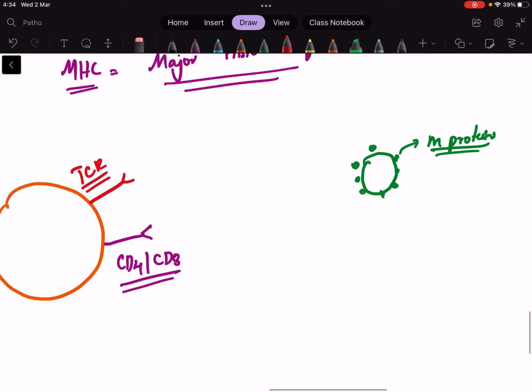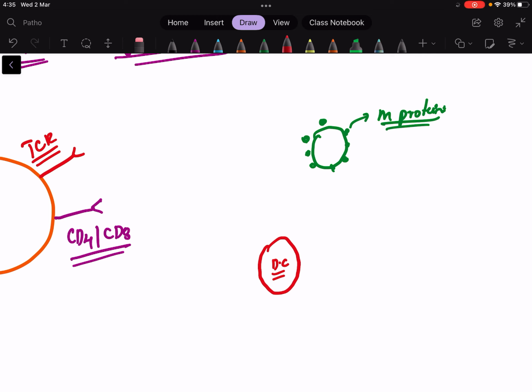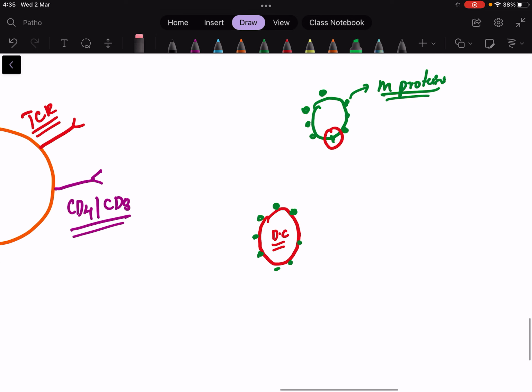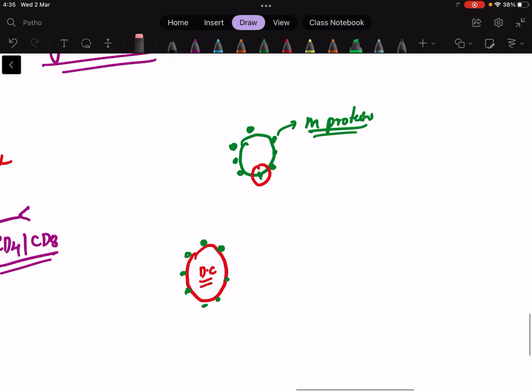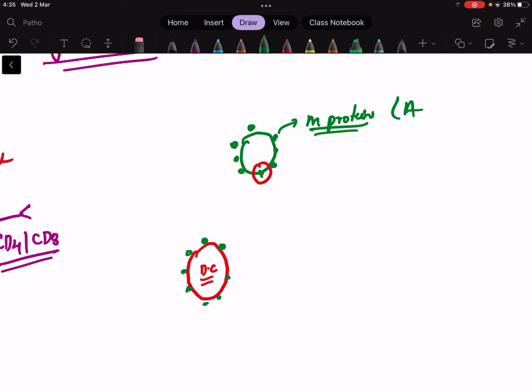So there is a cell called a dendritic cell, and this dendritic cell will go and take a bite of this. Once it takes a bite of this M protein, it will display the M protein on its surface, and this M protein is called your antigen, right?